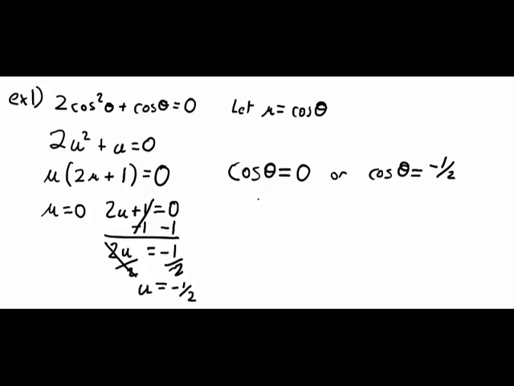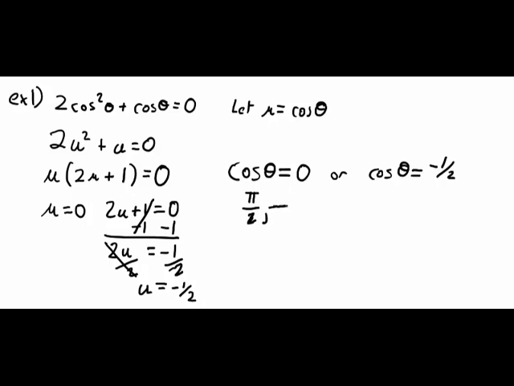So if I look on the unit circle, I can see where cosine theta equals 0 at 2 moments. Pi over 2, or 90 degrees, is one of those situations when cosine theta is equal to 0.